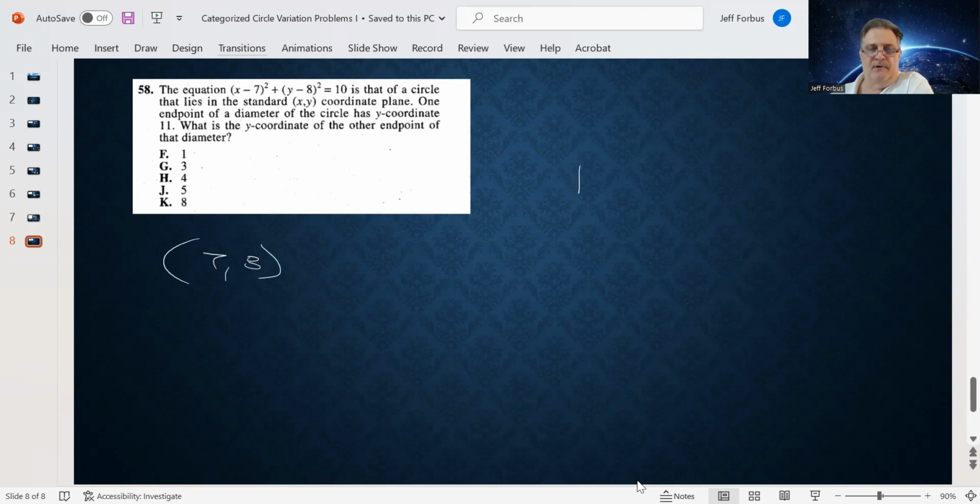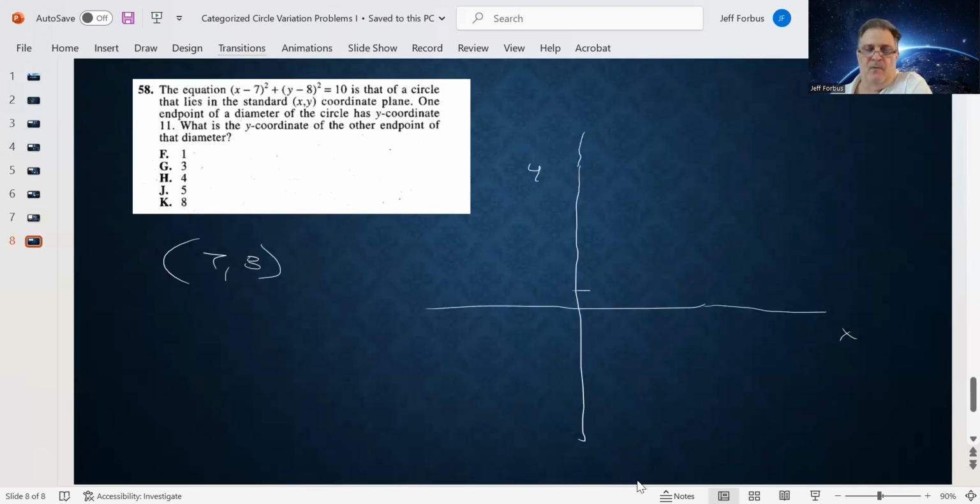I'm going to sketch a quick coordinate plane. Here's x, here's y. So 1, 2, 3, 4, 5, 6, 7, 8, 9, 10, 11, 12, oh, 13, way up there. So the endpoint is 11.